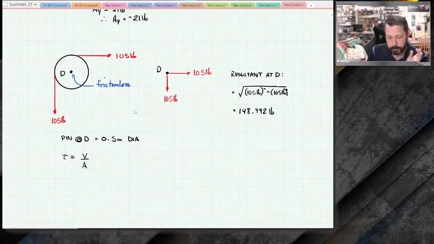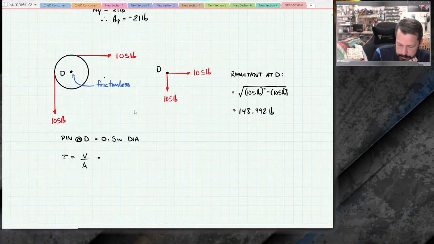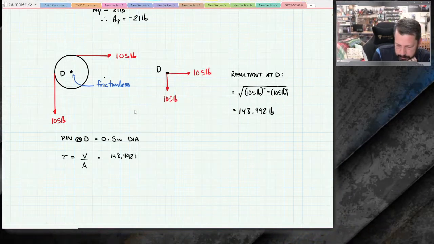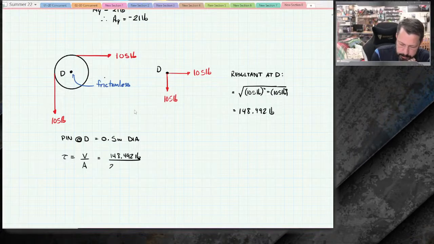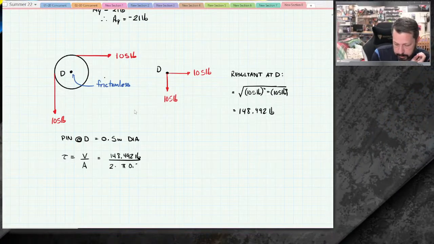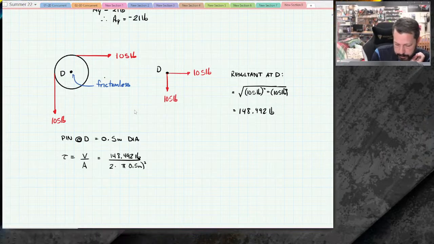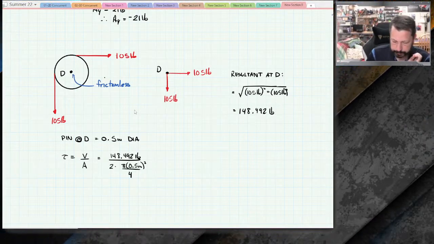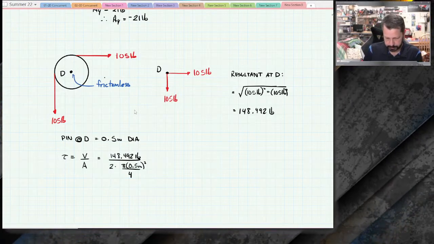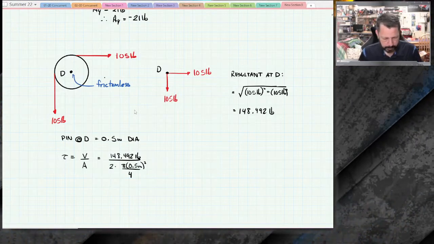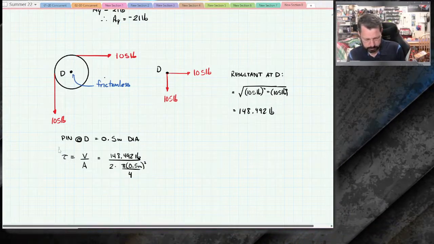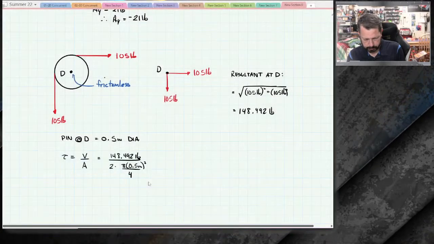It said it was in double shear, so the shear force is 148.492 pounds, and the area is 2 times pi d squared over 4, with the diameter of 1/2 inch. This calculator is probably going to have a lot of trouble solving this. I have MathCAD open. Why don't we just drop it into MathCAD and do it there.